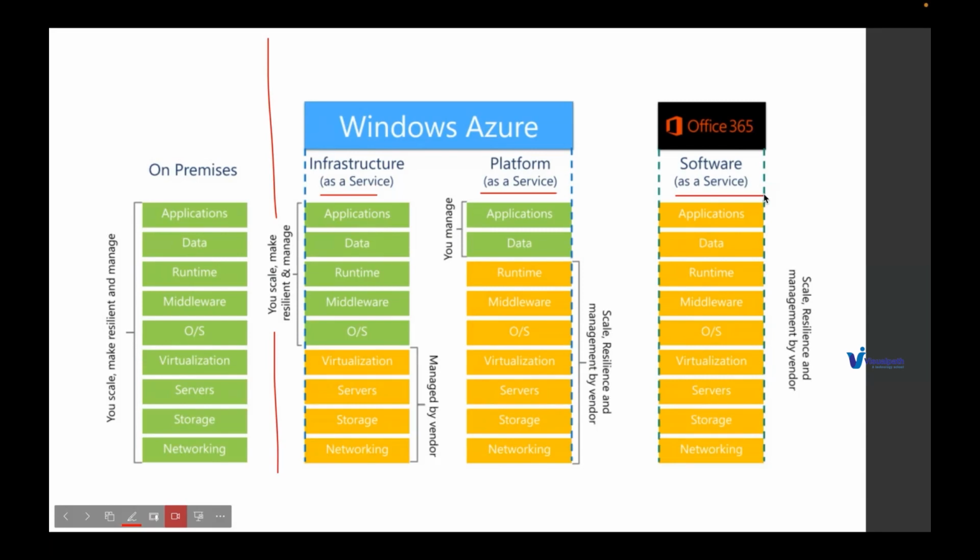What is the major difference here, or how is it defined between different types of cloud services? It's very simple. There is a customer and there is a vendor. We are the customer; we are going to consume the cloud services. The vendor is Azure, AWS, Google.